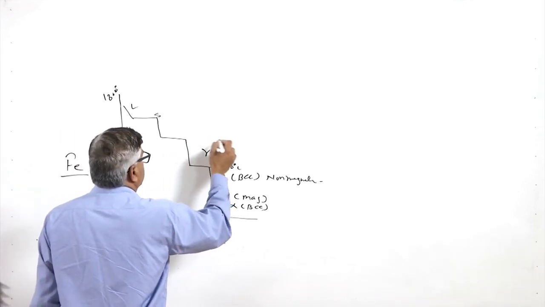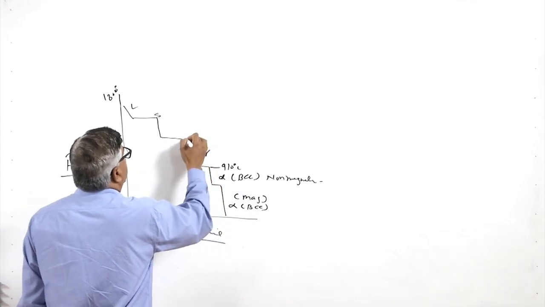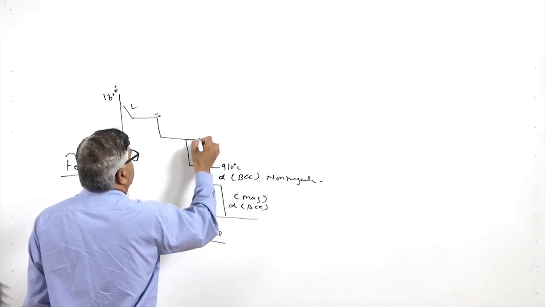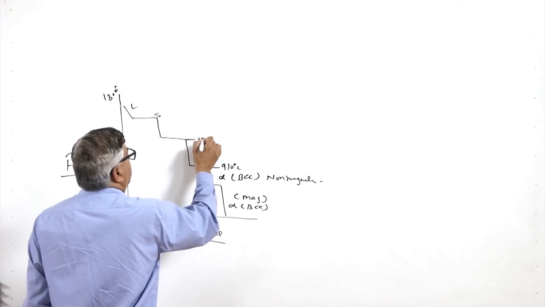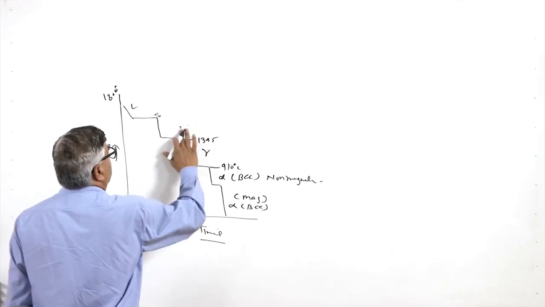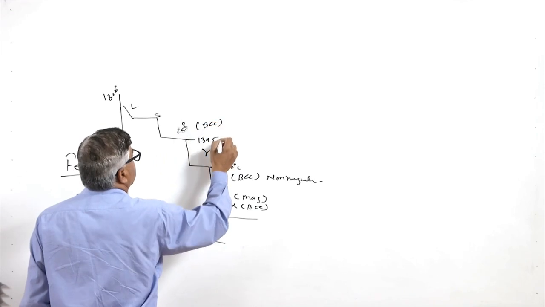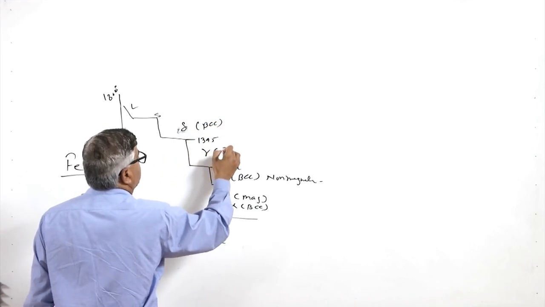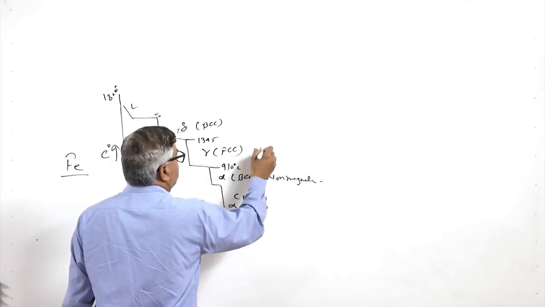This gamma is formed up to 1395 degree centigrade. Above this we have delta. This is the delta, again of the BCC crystal structure, and this is of the FCC crystal structure. This is also non-magnetic.